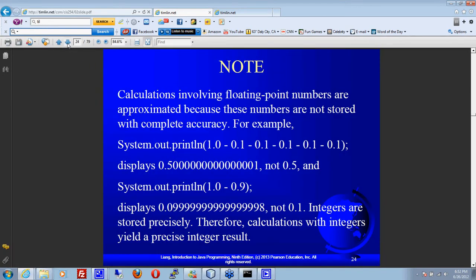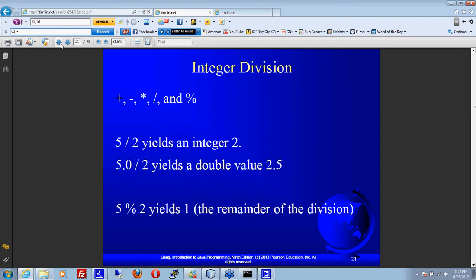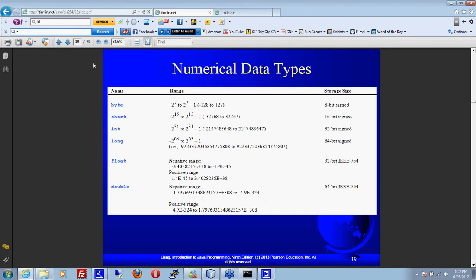Okay, so a long is a very large number. An int is plus or minus 2 billion. Okay, so that's 2 billion, right? What is that? I can't even tell you how big that is.